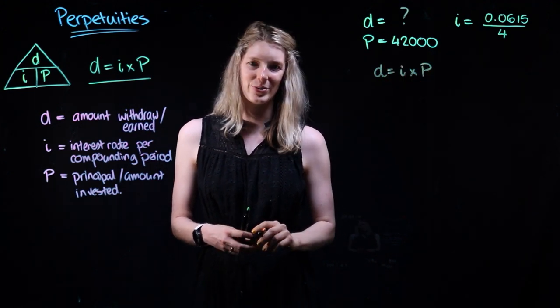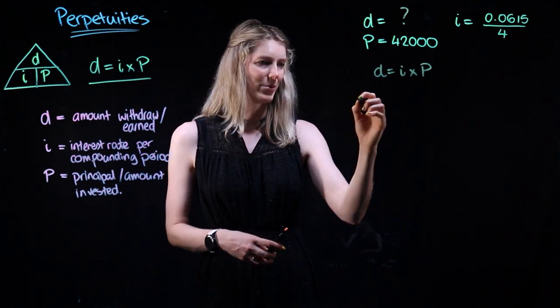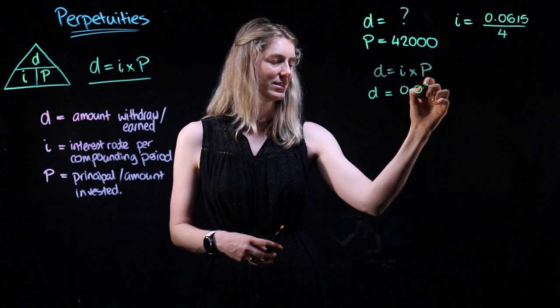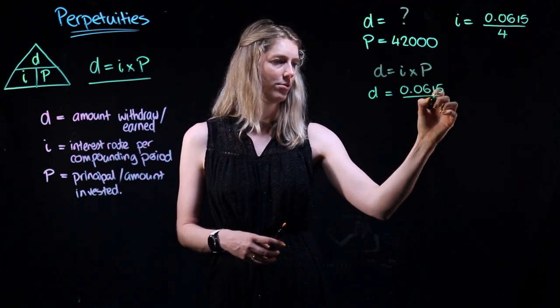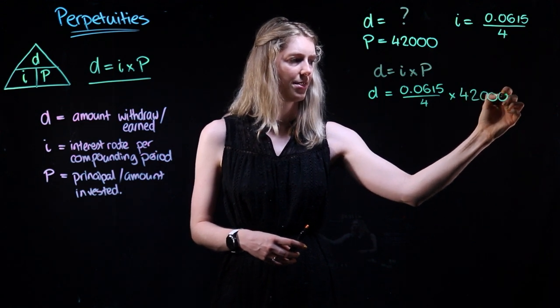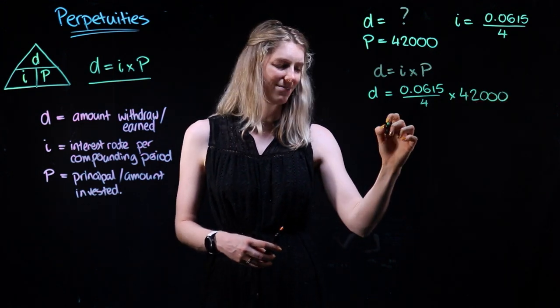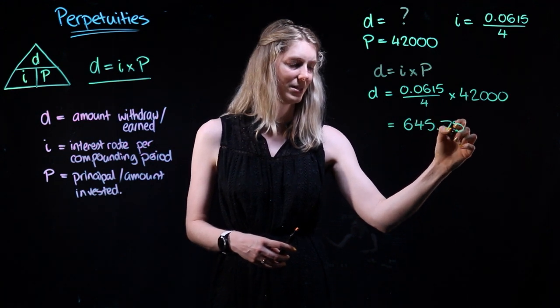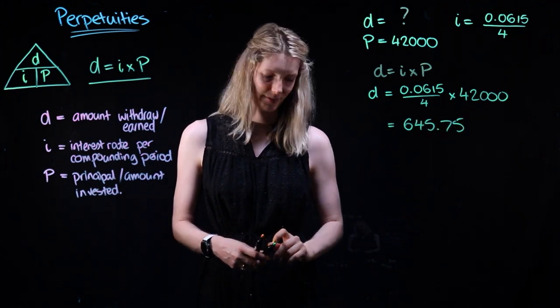We can then substitute these values into our perpetuity formula, where we can have D equals 0.0615 on 4 multiplied by 42,000, which will give us a final value of 645.75.